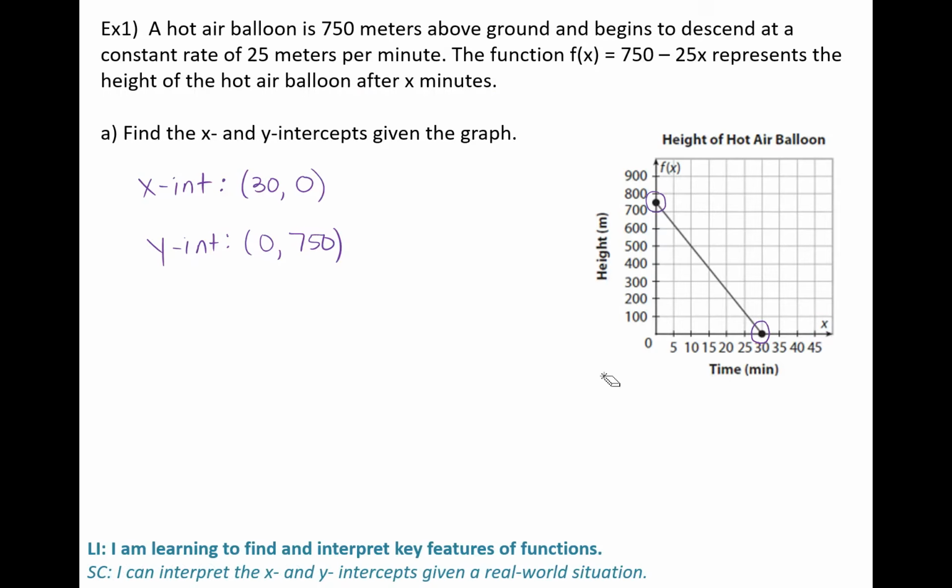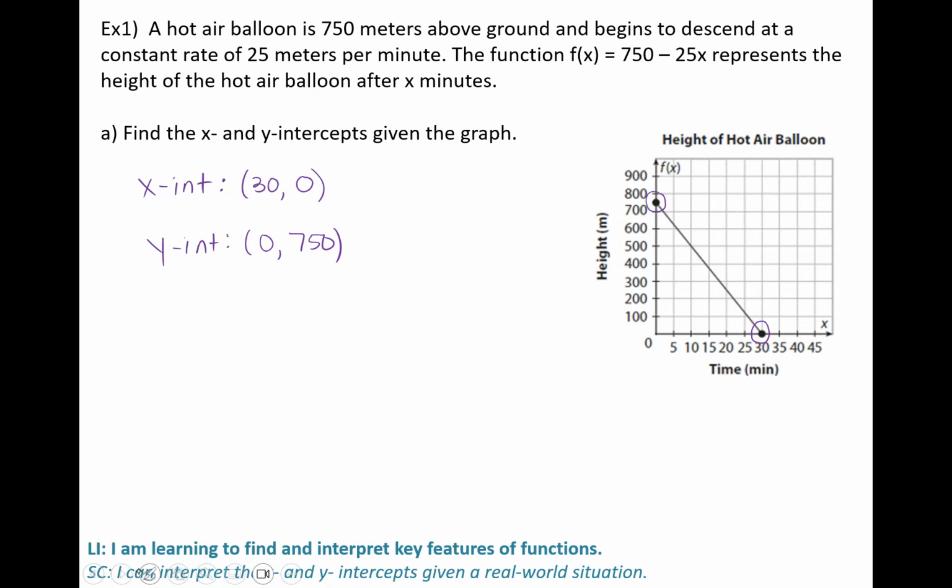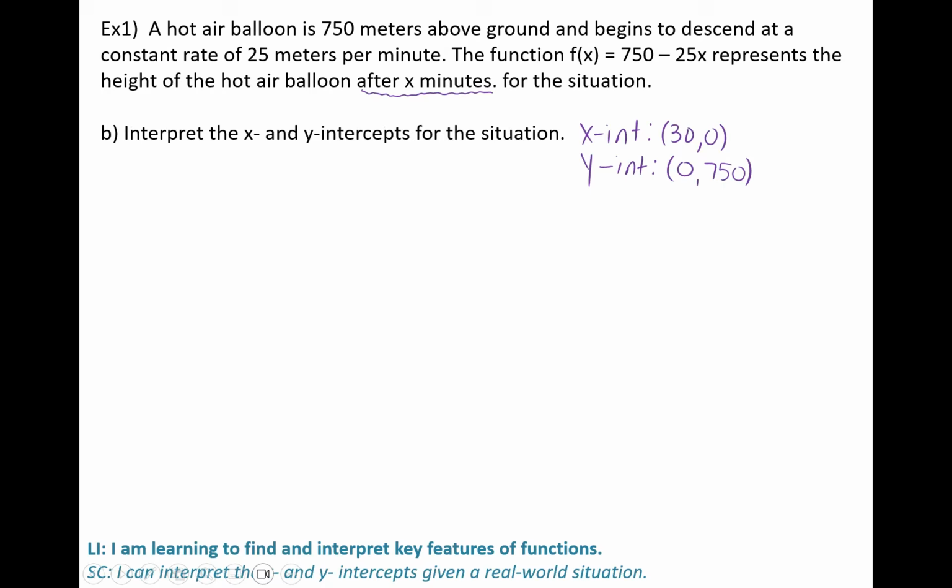So we can get that from two places, from the context and also from the graph. When we interpret an x and a y intercept, we want to make sure that we have both numbers accounted for in our ordered pair. So I'll jot that down: x is time in minutes.